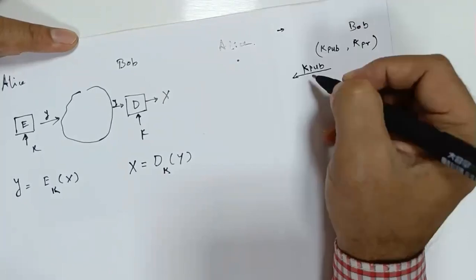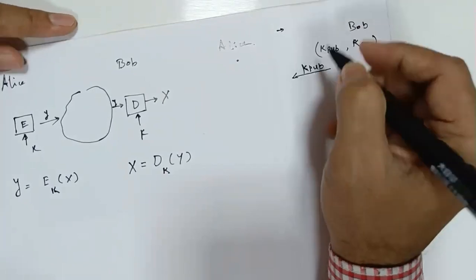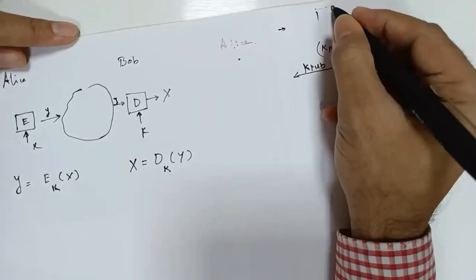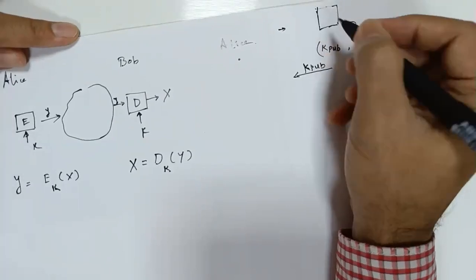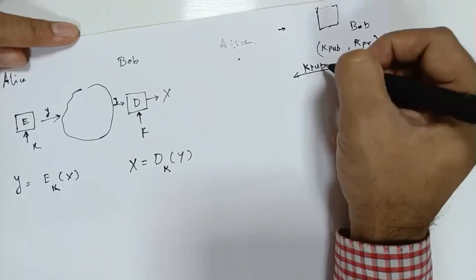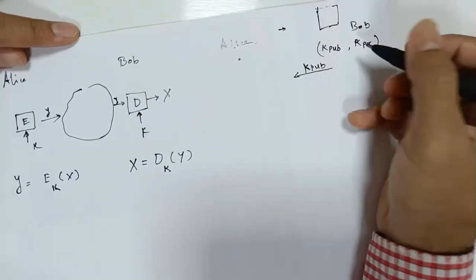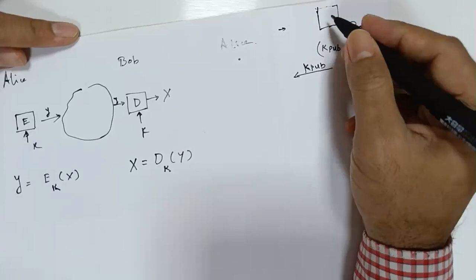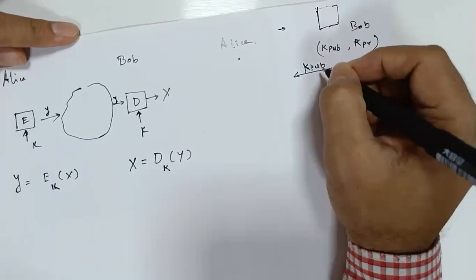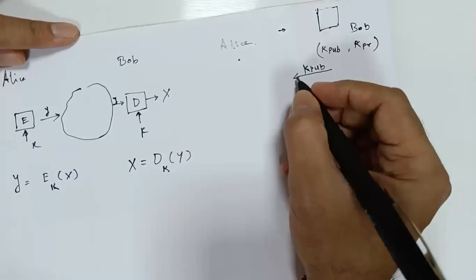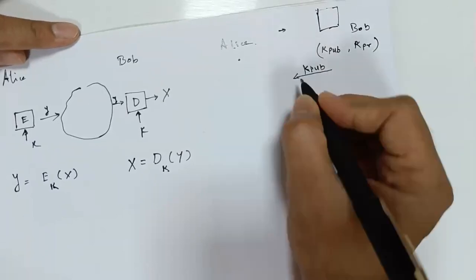As it is a public key, everyone can have it. Bob can create a web page and publish this public key on it. It is not at all secret. So Alice has the public key of Bob.